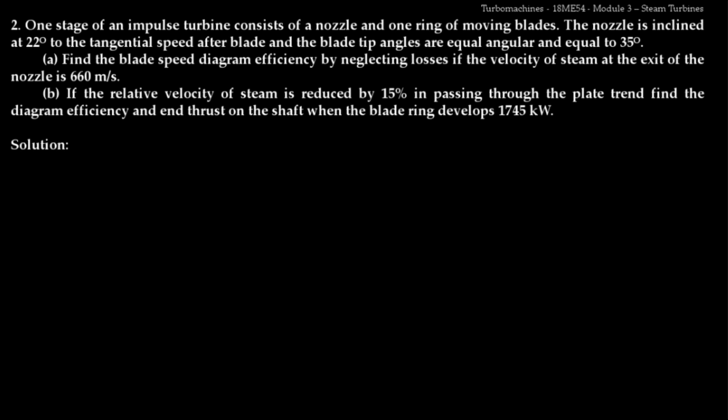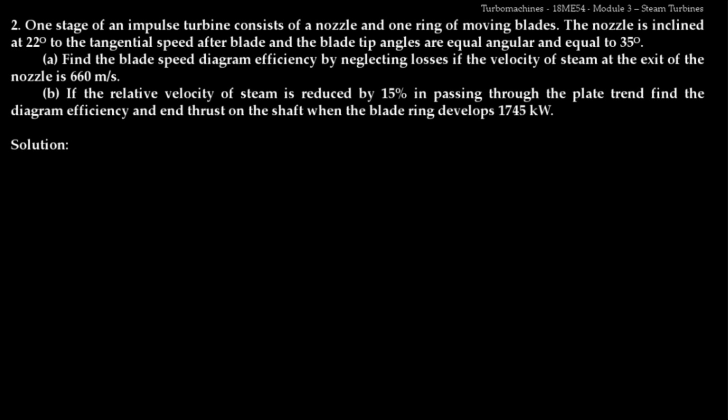Now in this problem we have two different cases. We have a single stage impulse steam turbine and the nozzle is inclined at 22 degrees to the tangential speed of the blade, and the blade tip angles are equiangular and equal to 35 degrees, that is both beta 1 and beta 2 are 35 degrees.